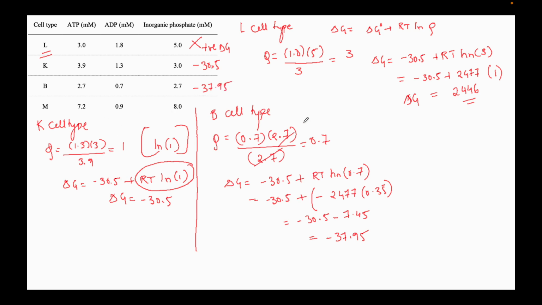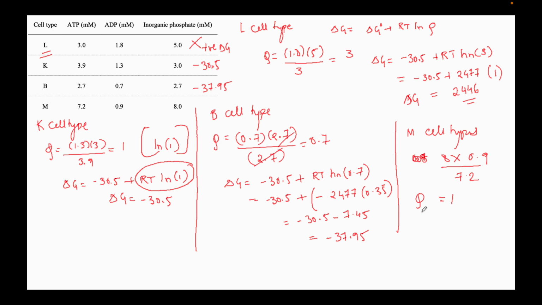And finally for the M cell type, we'll have 8 into 0.9 upon 7.2, right?